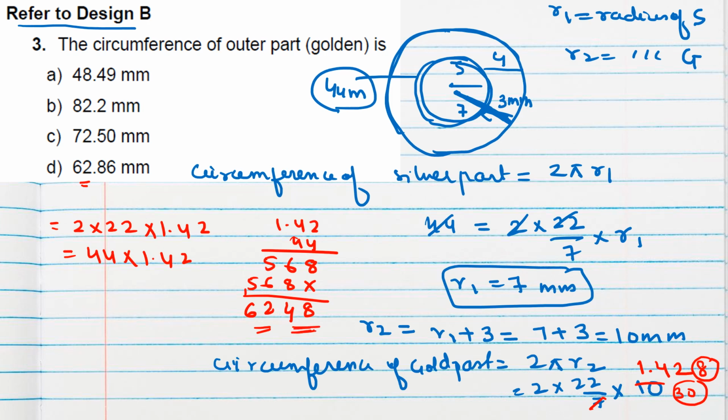So we will stick with this option D. Anyway, 62 we are getting, right? And the options are not close enough. Suppose if we get 62.86 and 62.48, then you have to find very specifically. Here we can write 62.48. So option D can be the correct option.